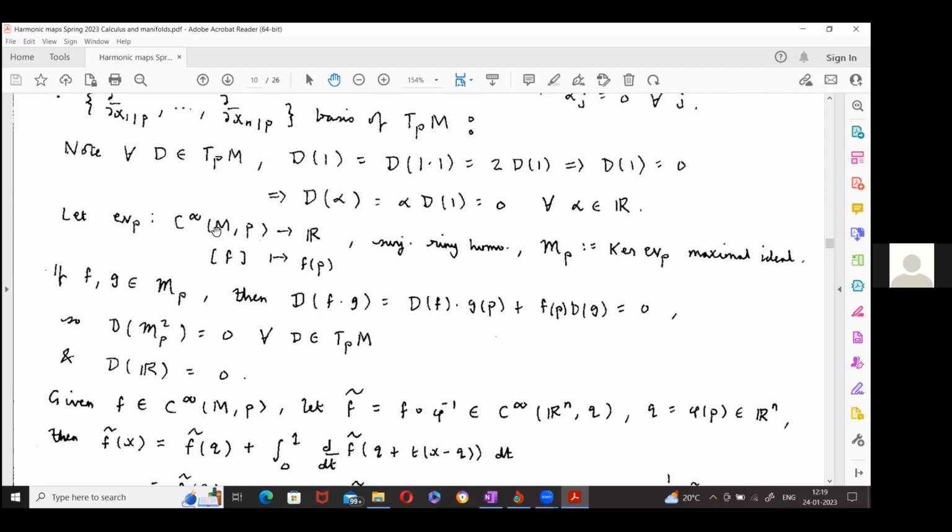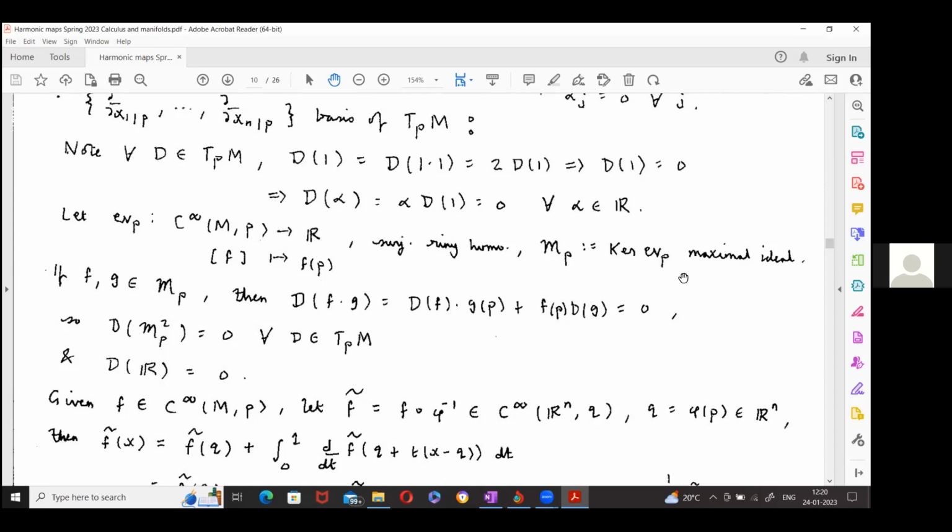Then in that neighborhood, 1 over f is also a smooth function, and it gives you an inverse in the space of germs. To define a germ, I just need a function defined in a neighborhood of P; it doesn't have to be defined globally. So anything outside the maximal ideal is invertible, and this is the unique maximal ideal.